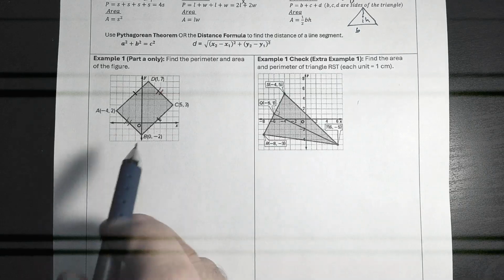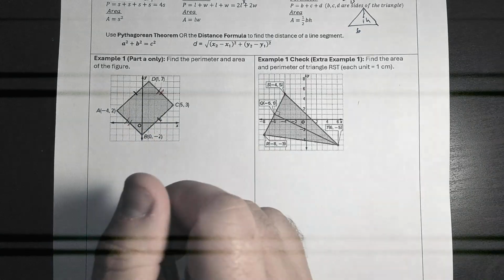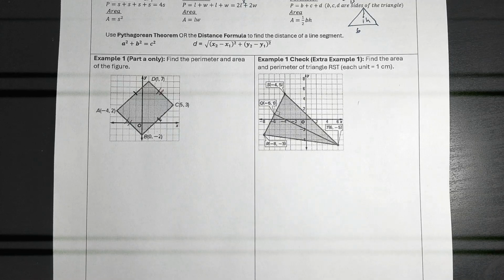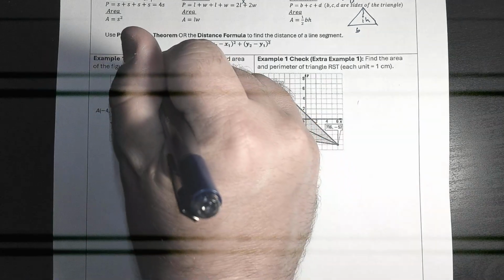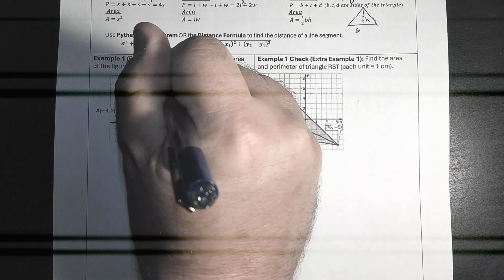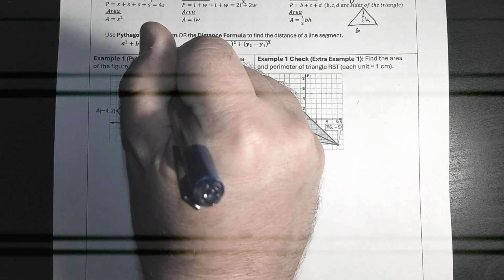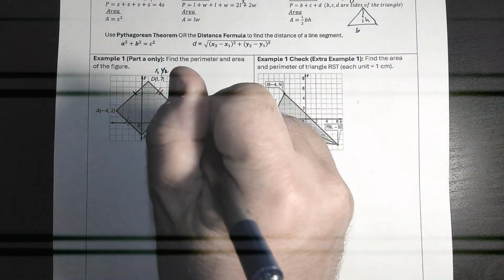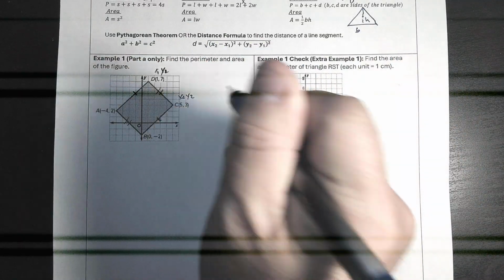Alright, so let's start with DC up here. For this one it's x sub 1, y sub 1, x sub 2, y sub 2. Remember, you've got to do the ones together, x2, y2.